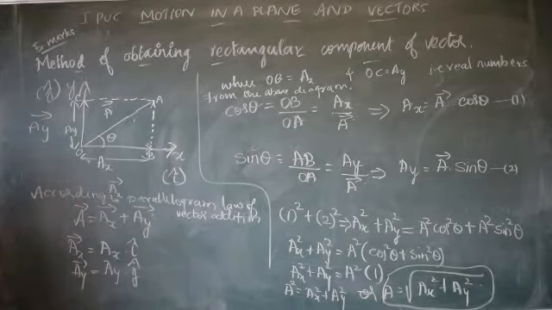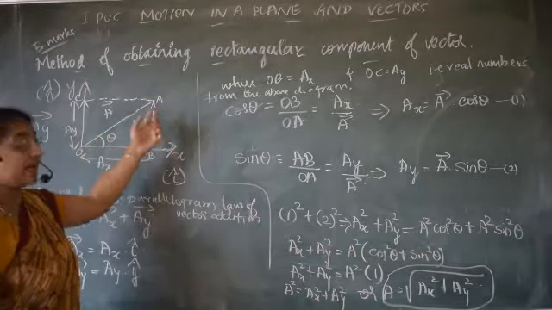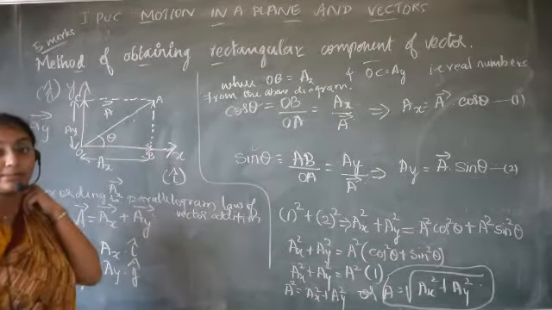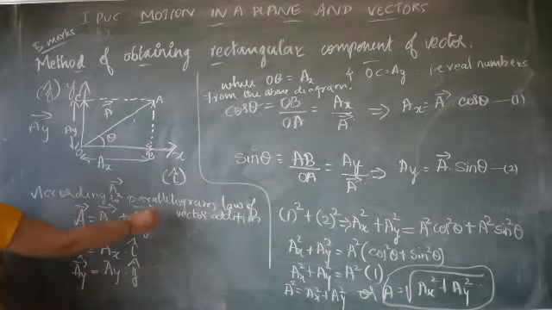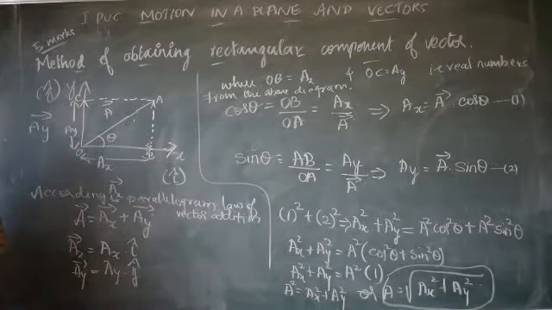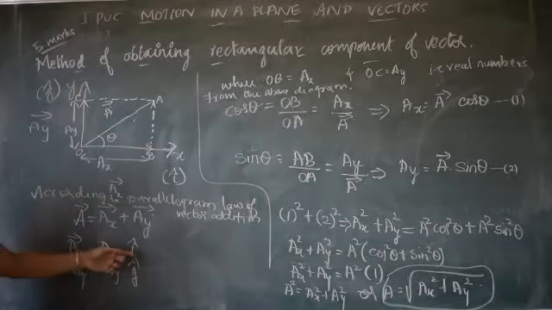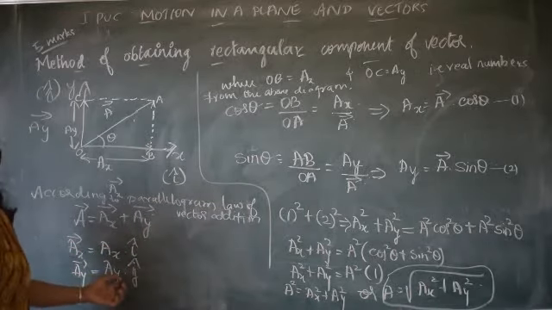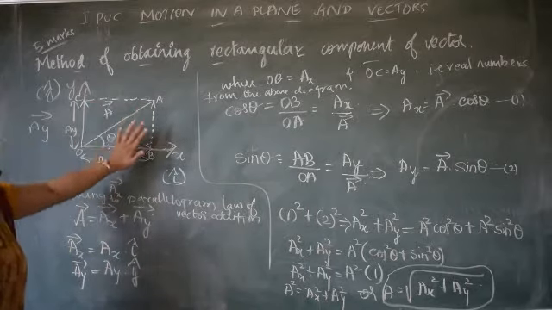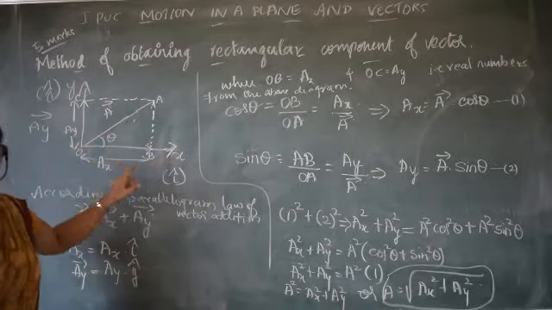See, according to parallelogram law of vector addition, we can write the vector A is equal to AX vector plus AY vector, where I cap and J cap are the unit vectors for the X and Y axes, correct? So I can write AX vector is equal to AX into I cap, AY vector is equal to AY into J cap.